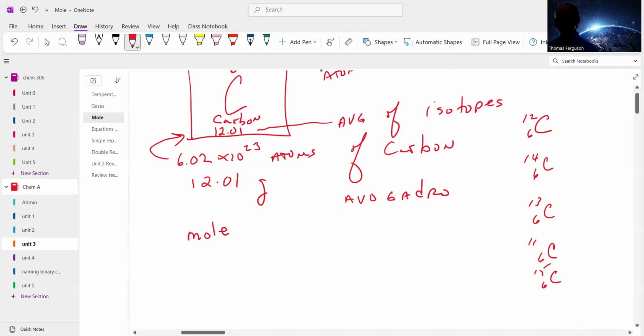Now that's just a number, a conversion factor. We could have 6.02 times 10 to the 23rd ducks. Doesn't matter. It's just that because atoms are so small, we need a big number to represent them. So you're going to use mole for the rest of the semester. Mole this, mole that. Everything is related to mole. You'll hear molar mass.